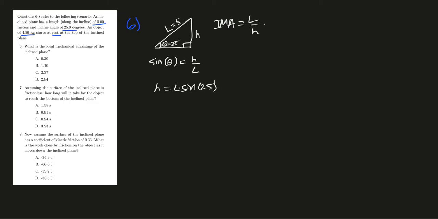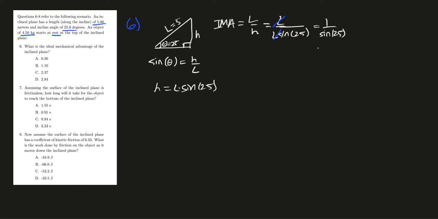And essentially we can just plug it in here, because we don't need to set that L is equal to 5, because L will anyways cancel out here, as you'll see. So L over L sine 25. Now the L's cancel out, and you'll be left with 1 over sine of 25.